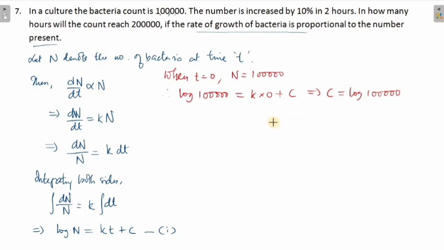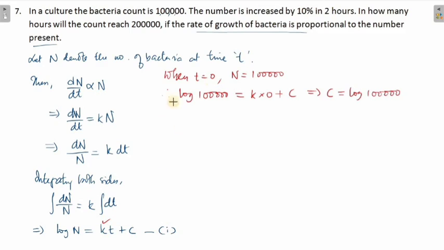Okay, so let's not write this one for now because we need to find another constant that you see out here, which is k. So we'll find k also at the same time.